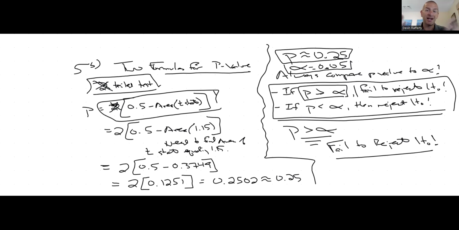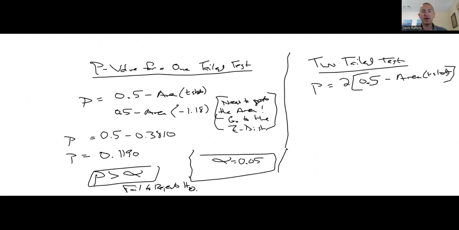On the other hand, if p is less than alpha, we would reject, but that's not the case right now. What we know is that p is 0.119 and alpha is 0.05. So p is greater than alpha, and therefore we fail to reject the null hypothesis.